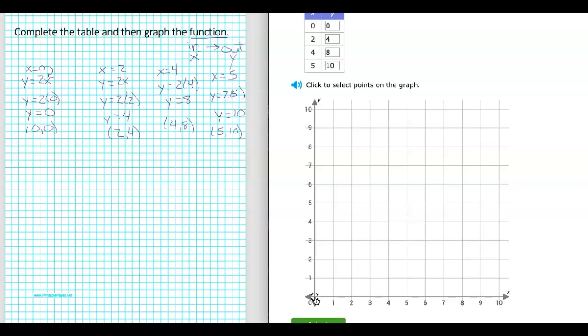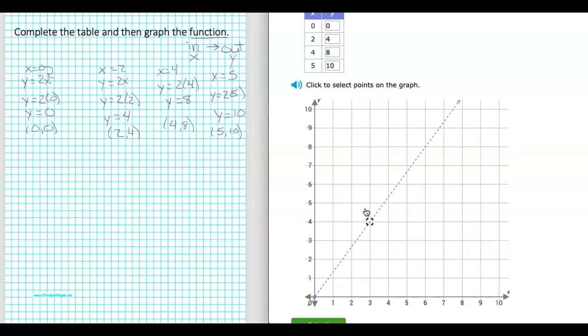I'm going to go to 0, 0, and I'm going to click, and you notice a coordinate shows up. Now let's say you're like, oh, I didn't mean to put it there. Click it again, and it goes away. But I want it to be at 0, 0. And then I'm looking for the next coordinate. The next coordinate says 2, 4. So 2, 4, wait a second. Whew, my line's already here.